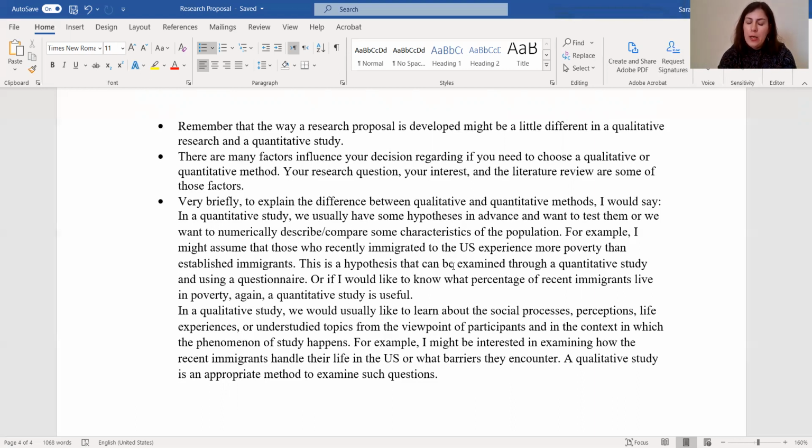First of all, I wanna let you know how you decide whether we are gonna do a qualitative study or a quantitative study. There are many factors playing a role in this decision. First of all is your interest. Second is your skills.